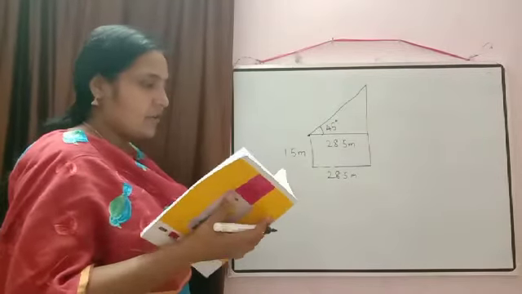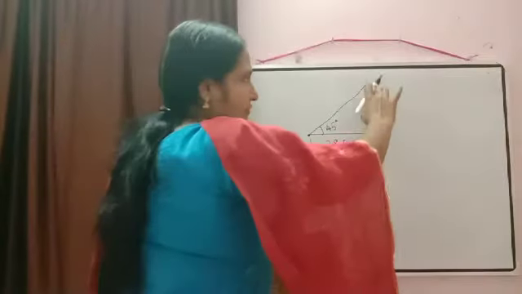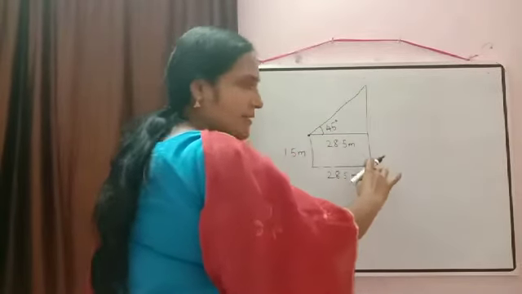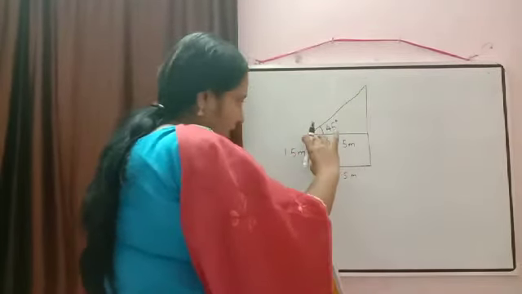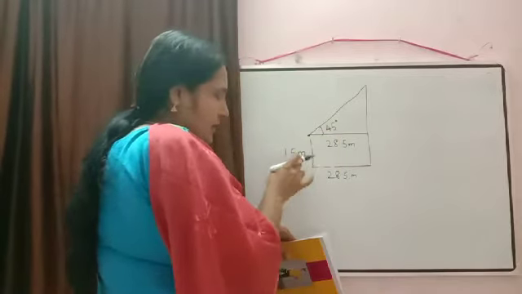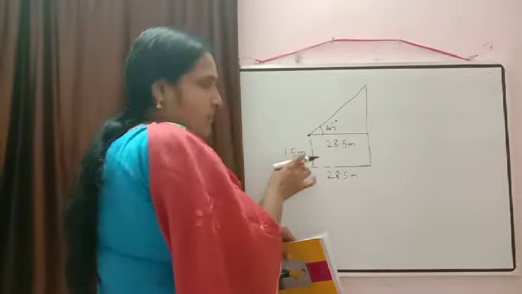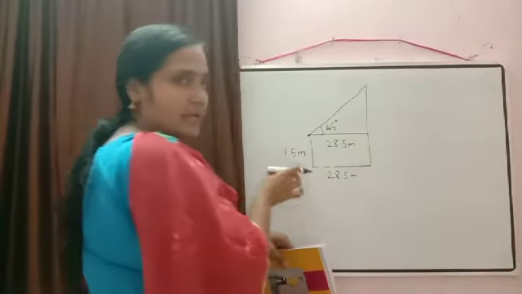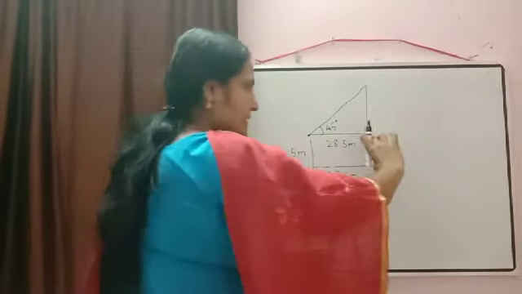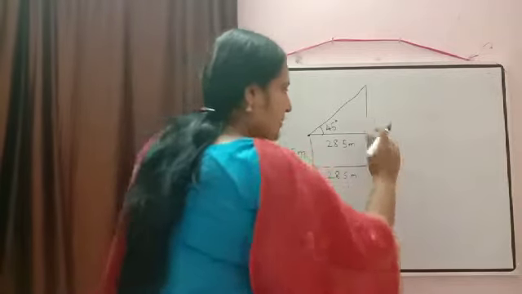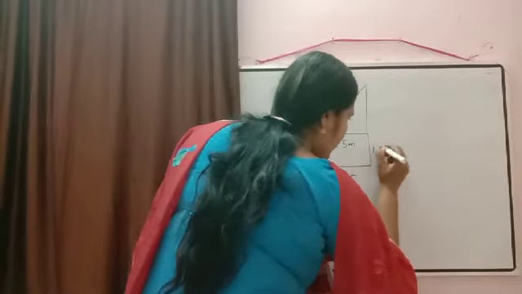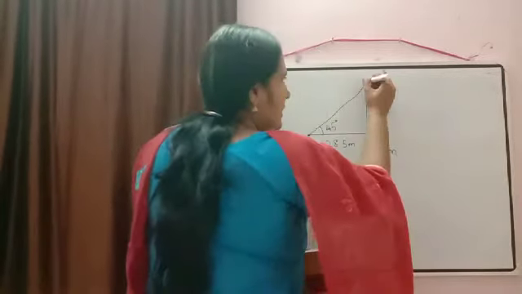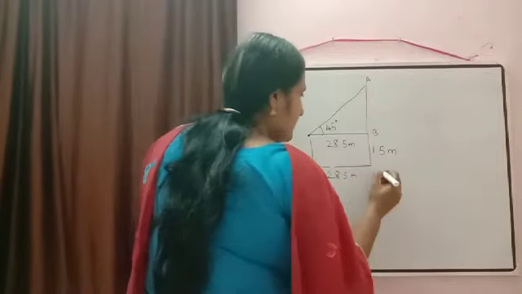What is the height of the chimney? Height of the chimney means this will be the height there. Now here, what is the length of the observer? 1.5 meter, and this is 28.5 meter away there. So obviously this length will be equal to 1.5 meter. Remaining we will calculate this.